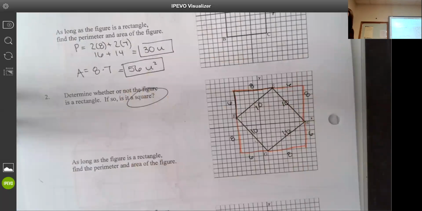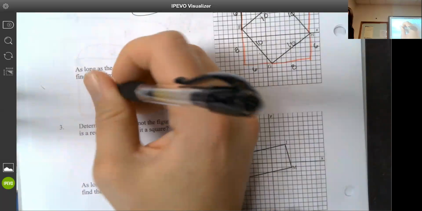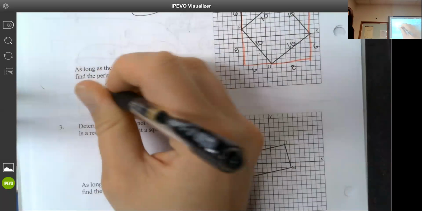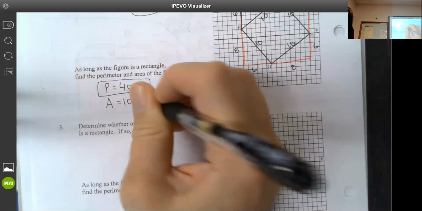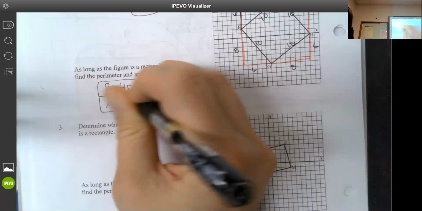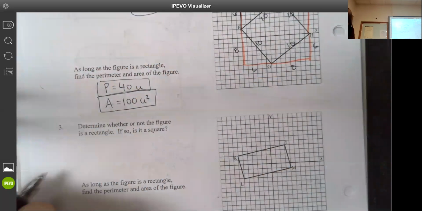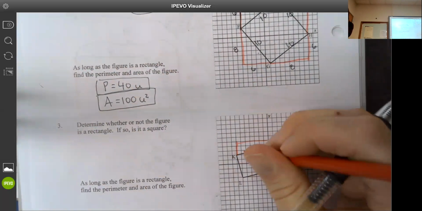Okay, and keep going. Look at that last one. Use the area stuff we talked about, but I'm just going to fill in our perimeter here and our area. Oh geez, went too much.